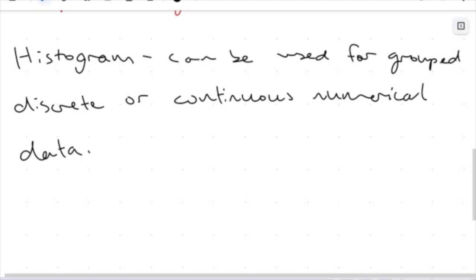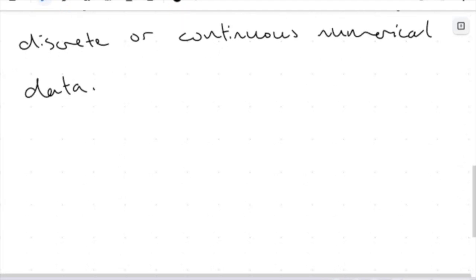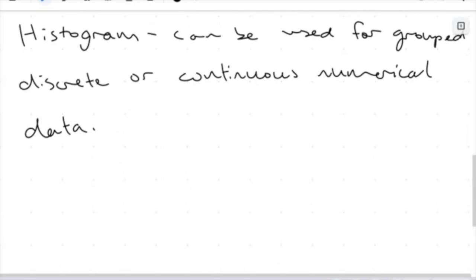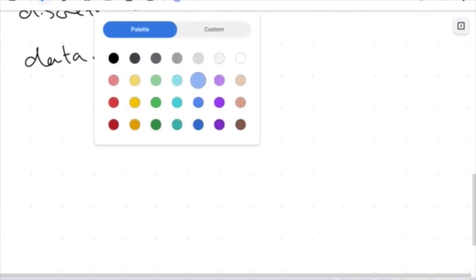So we can use this for individual numbers, or we can also include ranges, for example. So say we had an interval of 10 between all of our values.